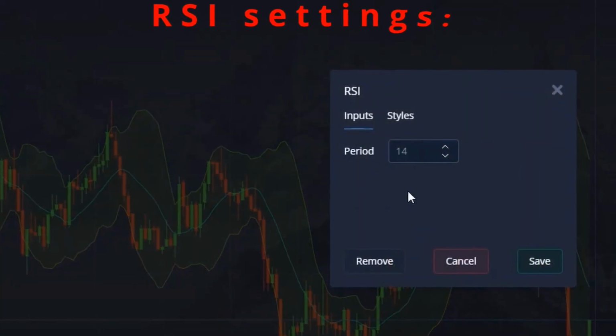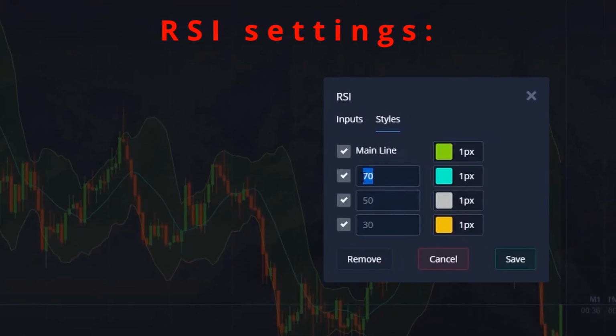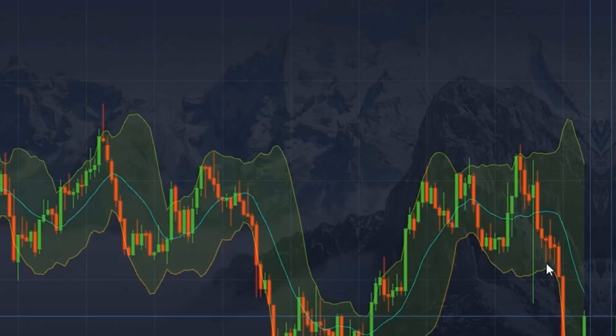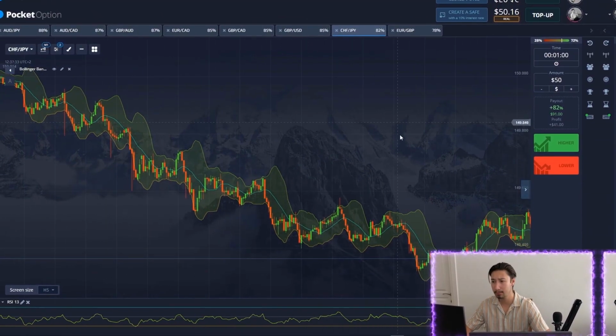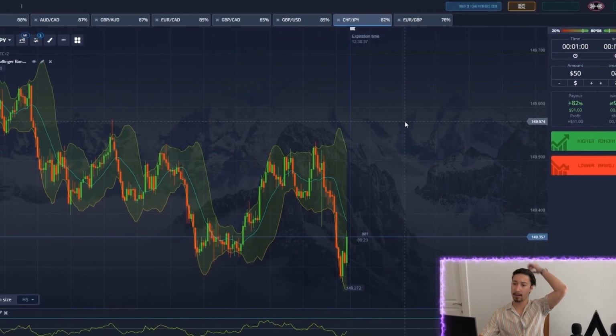Let's move to the RSI. Set the period to 13 as well, the overbought zone to 80 and the oversold zone to 20. The main indicator is Bollinger Bands, and the RSI is the auxiliary one and helps to specify trading signals.